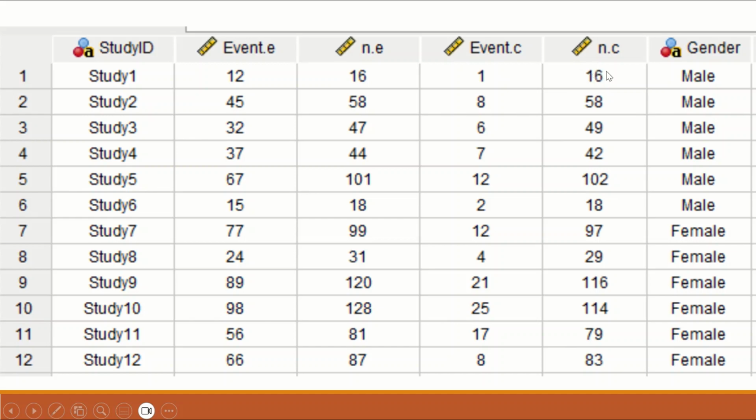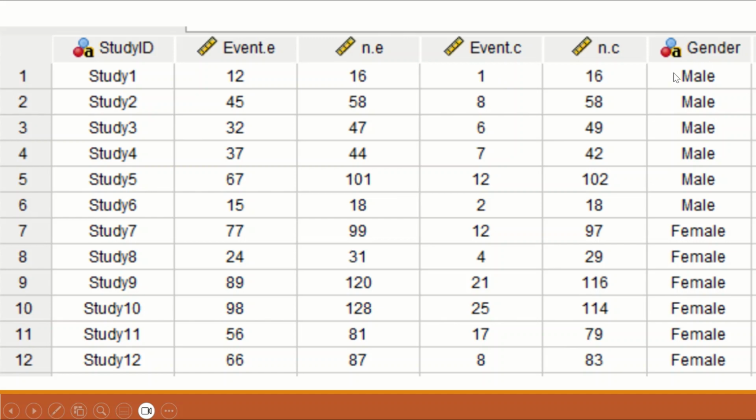So each study had sectioned the participant into either an experimental group or a control group, and the happening of the event occurring in the experimental group is recorded, and the event occurring in the control group is also recorded.